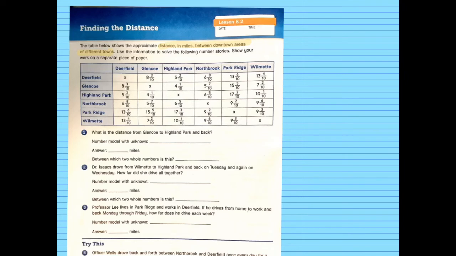So I can draw this out for you so it's easier to visualize. So here's Glencoe. Here's Highland Park. Okay, so you're a little person and you go there and back. How many times did you travel? Yeah, you traveled or you walked or drove or rode your scooter 2 times, right?